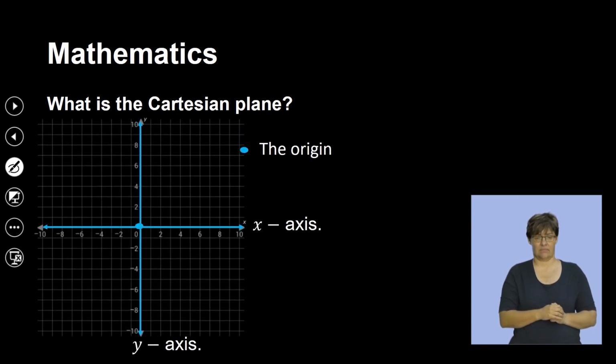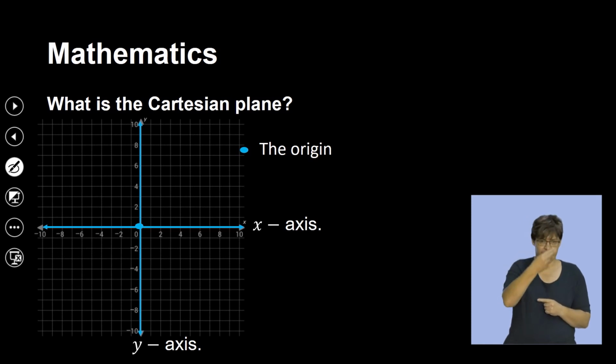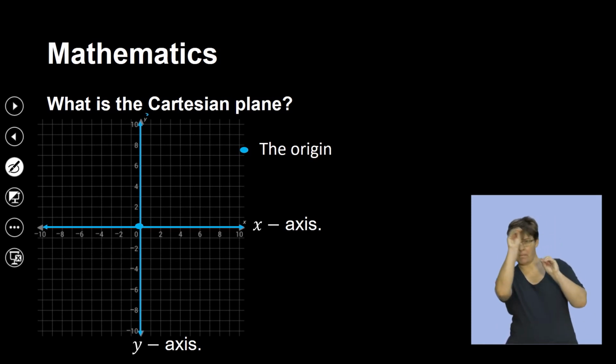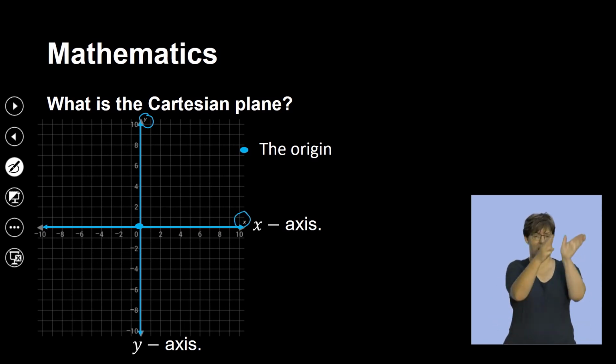So this is how we really define it. Now, you will see most of the time when we draw Cartesian planes, we normally write a very small y there and a small x there. That's to label the axes according to x-axis and y-axis.